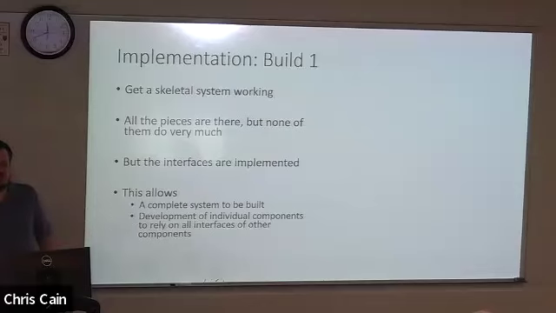What to think about in the very first build? You just want a minimal system, a skeletal system, something that is functional. It does as much of the project as you can with minimal functionality. So everything is there, but they don't do very much. But do note that the interfaces are implemented, which means that we know the boundaries between these components.